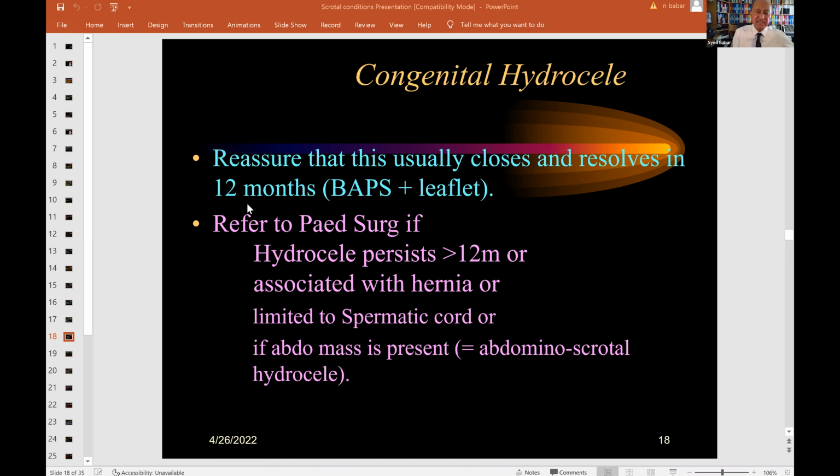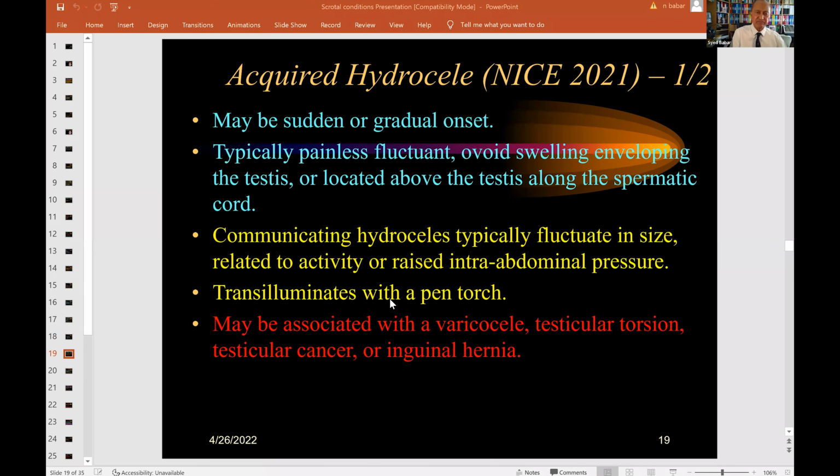If the hydrocele persists beyond 12 months, or if the hydrocele is associated with hernia, or it is limited to the spermatic cord, then one should refer to the pediatric surgeons. If abdominal mass is present as well, in other words, if this is an abdominal scrotal hydrocele, then an early referral to the pediatric surgeon is warranted.